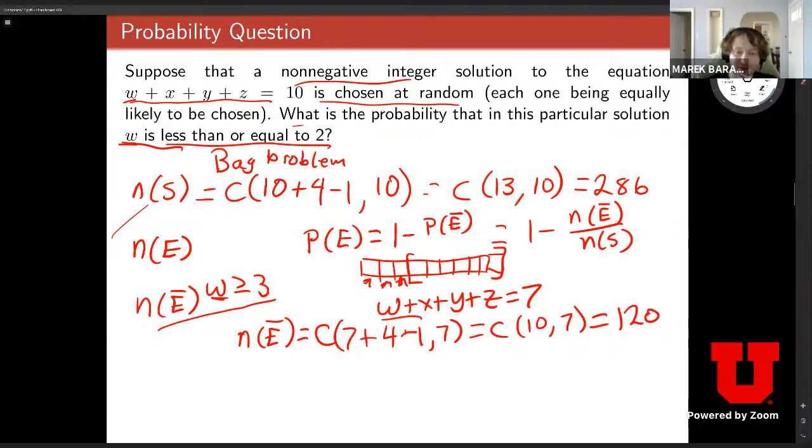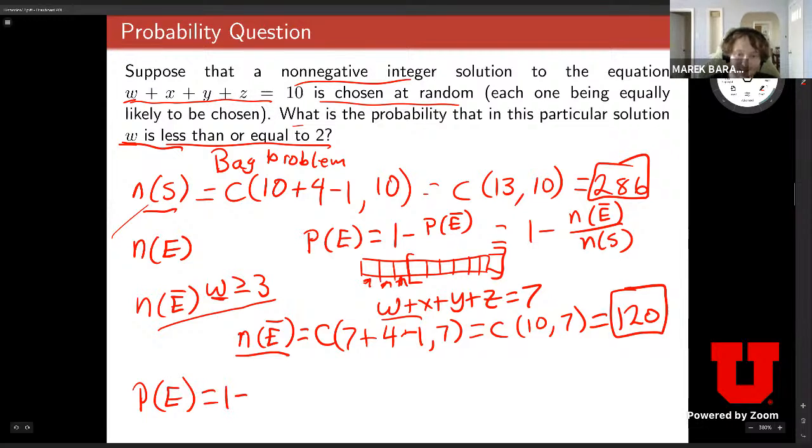So we now have the number of the complement event and the number of the sample space. So we can now apply our probability. The probability of the event is equal to 1 minus the probability of not the event, so this is the complement.